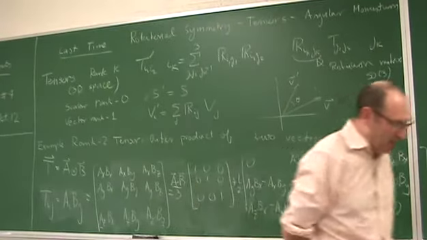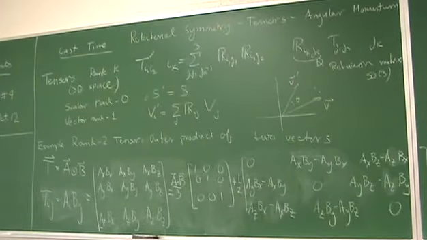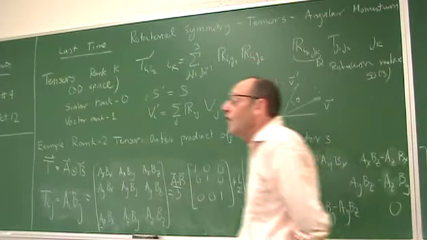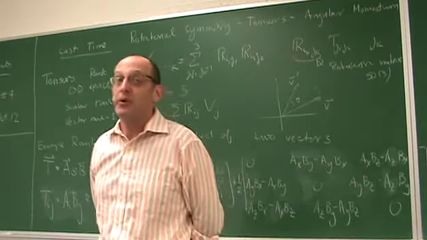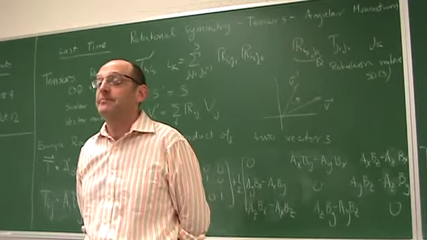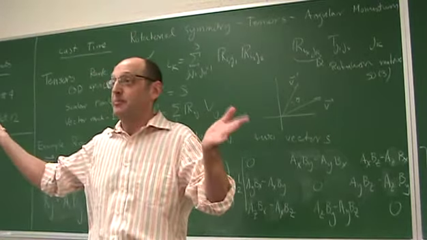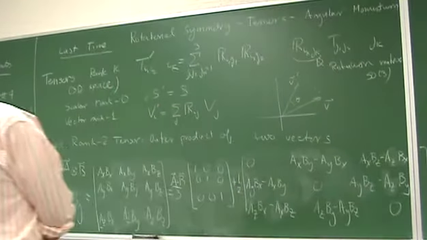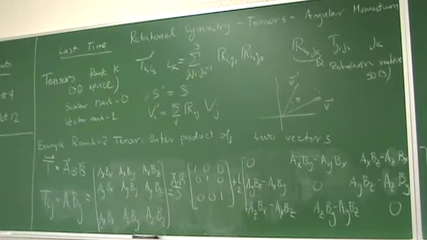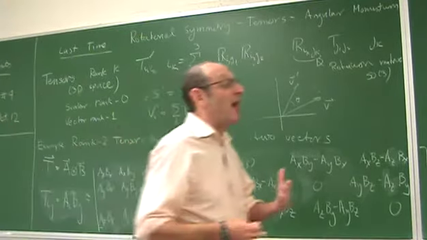Now, one of the things that's a little bit confusing here, and it came up, Tom isn't here at the moment, but we were discussing this at the end of the class, is there are 2 vector spaces that we're dealing with. There's 3-dimensional space, the configuration space that we live in, and then Hilbert space, which is also a vector space. And in quantum mechanics, we're talking about both things.